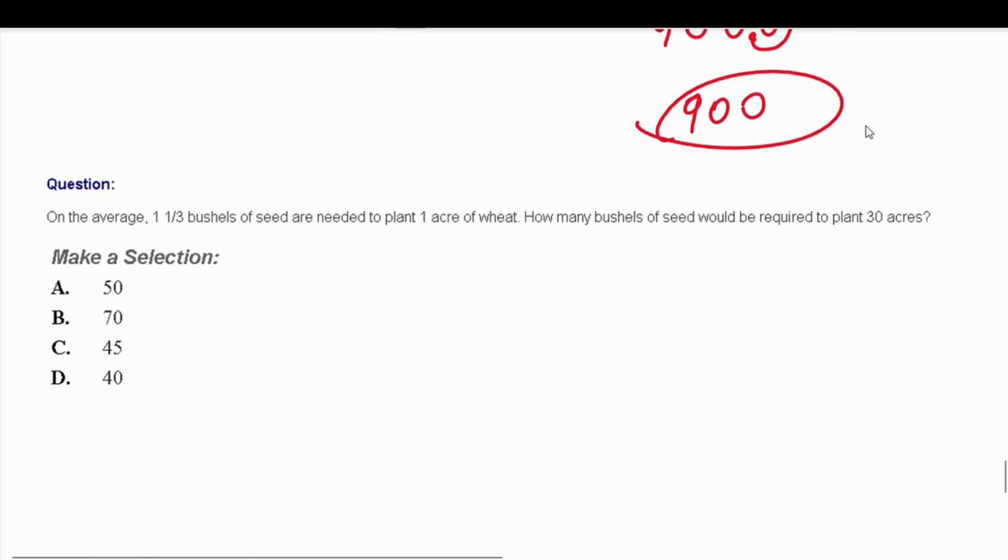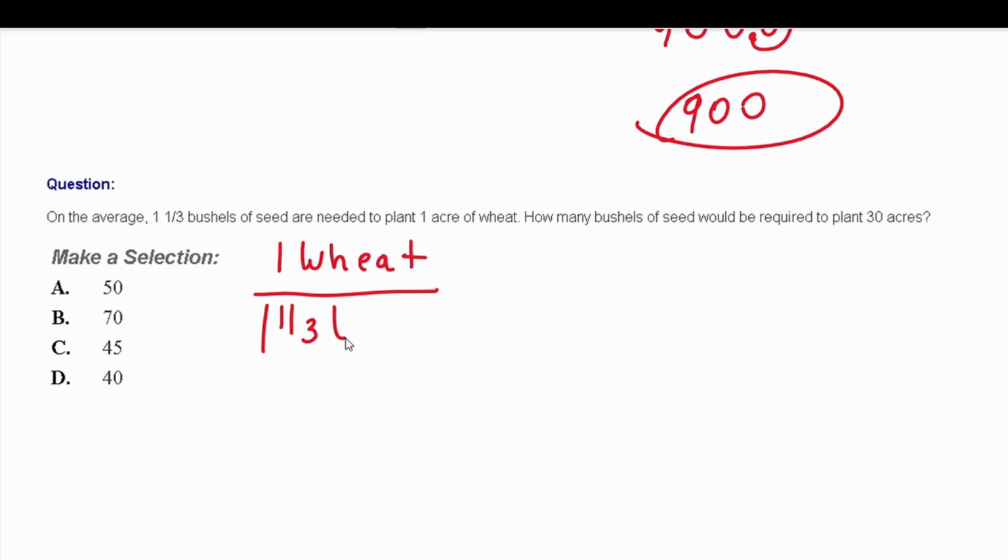All right, this next question says, on the average, 1 1/3 bushels of seed are needed to plant 1 acre of wheat. How many bushels of seed would be required to plant 30 acres? So not surprisingly, I'm going to use a proportion to make this one a little easier to solve. We know 1 acre of wheat yields 1 1/3 bushels.